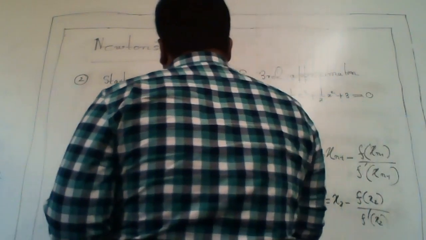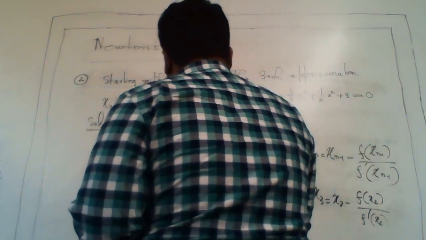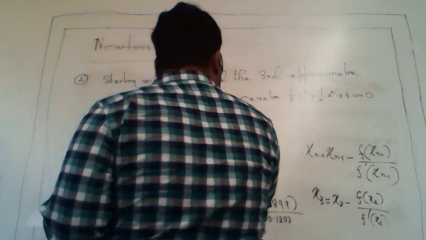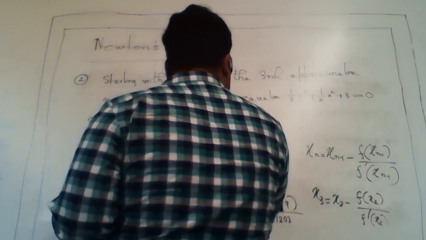So this is your equation: 1/3 x cubed plus half x squared plus 3.